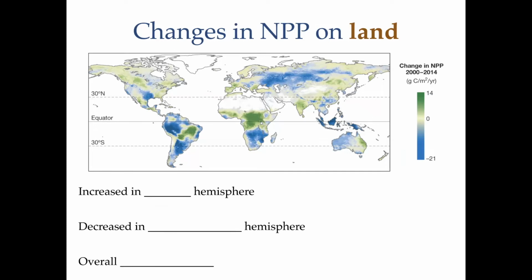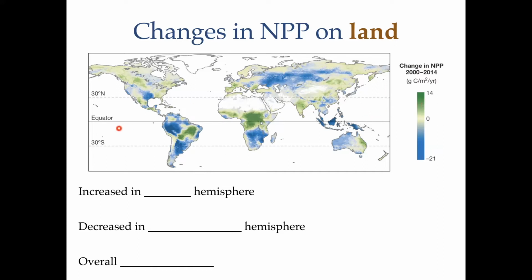So here is a map showing the change in net primary productivity only on land. And how we read this is everything that is bluish color means that you decreased the net primary productivity from 2000 to 2014. In 14 years, you decreased the amount of net primary productivity that you had. Everything that is greenish, you actually increased the amount of net primary productivity in those places.